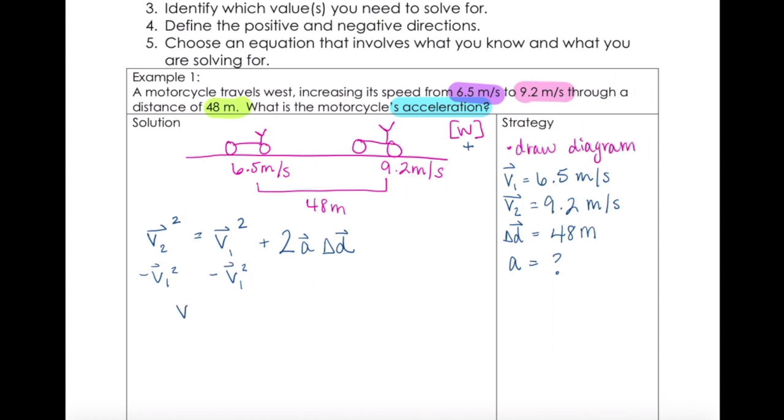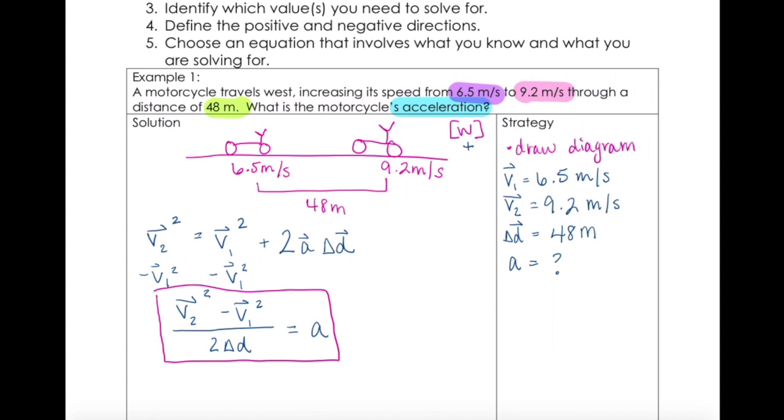So we get v2 squared minus v1 squared, all over, and then if we divide by the 2 and the d, it would be 2 delta d, equals a. Okay, so this is the equation we're going to plug into in order to find acceleration.